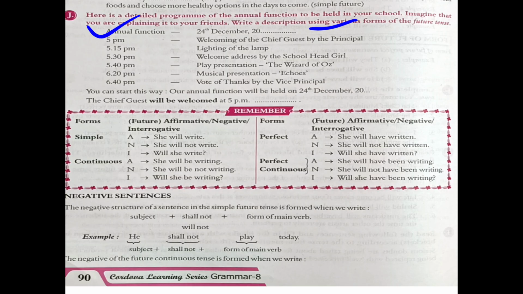After 5:15, a welcome address will be given by the school head girl for the chief guest. At 5:40, a play presentation on Wizard of Oz, and at 6:20 a musical presentation will be held. Okay, so you can detail the program like this. After that, the vote of thanks will be given by the vice principal. Okay, so you can change it like that.